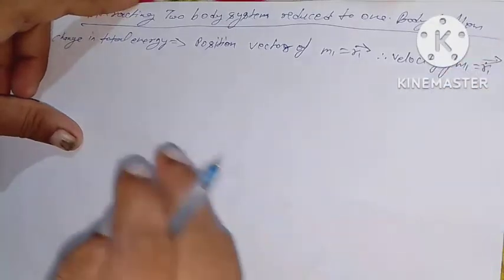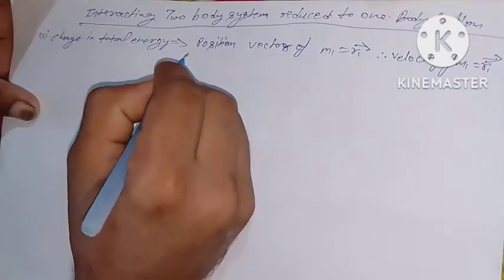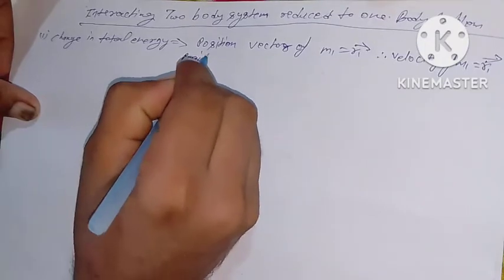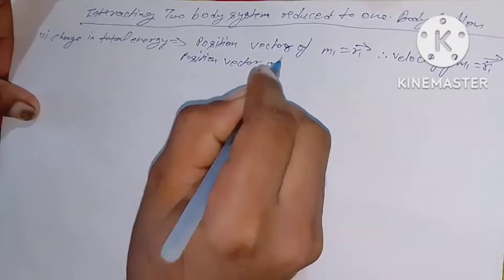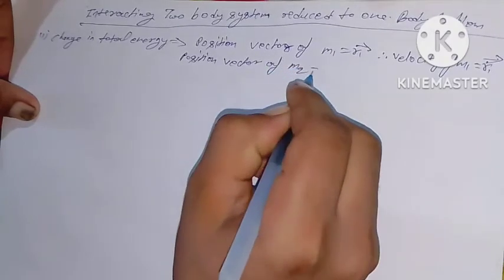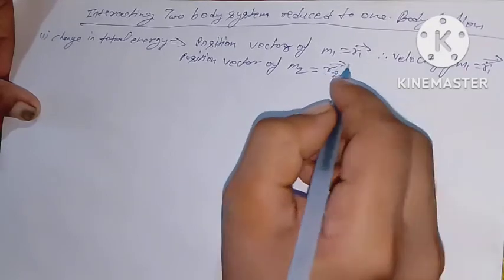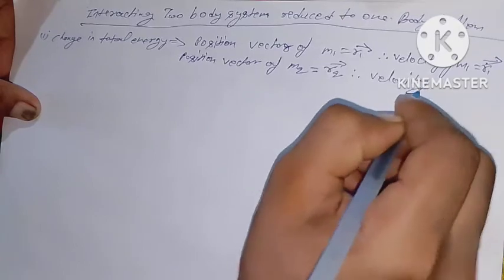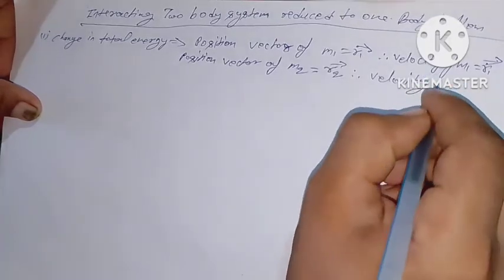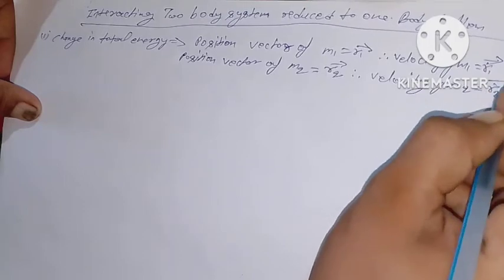The position vector of m2 is r2 vector, so the velocity of m2 is the derivative of r2 vector.